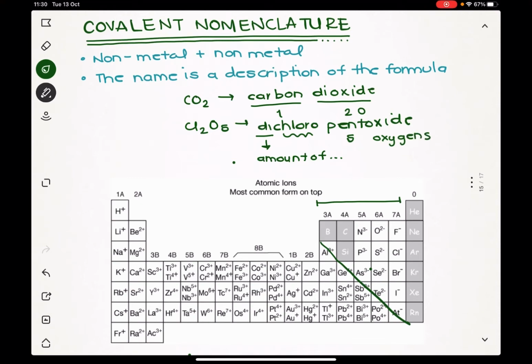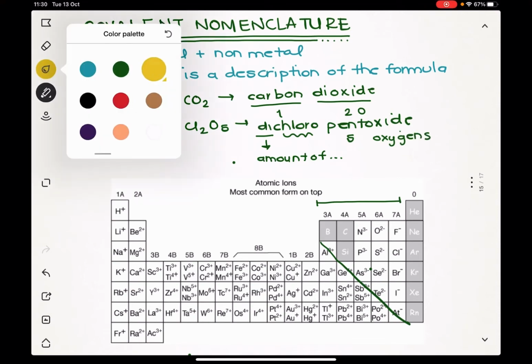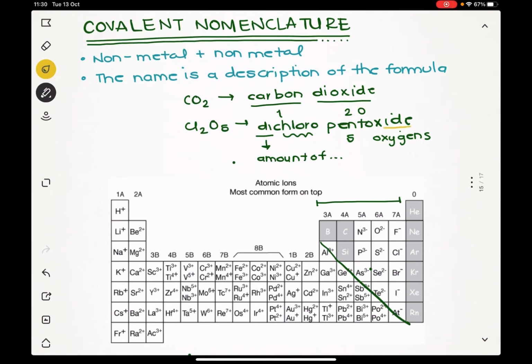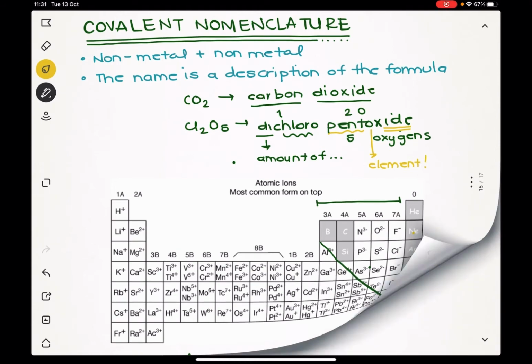So the last part, the "ide" part, is still there, and here we have a number, and here we have the element. Okay, so let's see some examples.